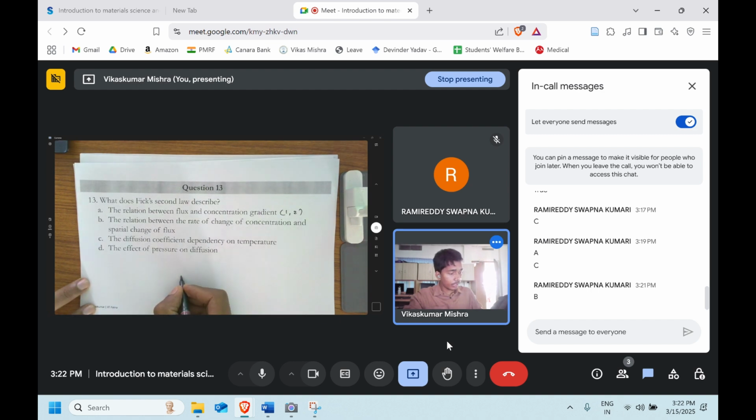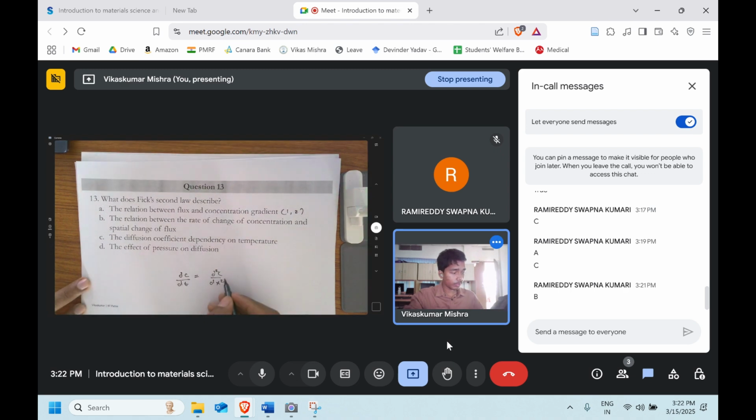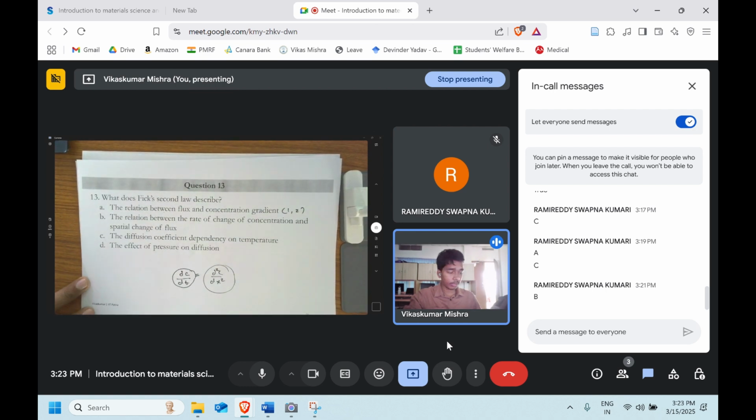We have shown in Fick's second law that dc over dt, the rate of change of concentration, depends upon the second spatial differential of the concentration, d2c over dx2. So the first differentiation of the concentration with respect to time depends upon the second differential of the concentration in space. So option B is the right answer.